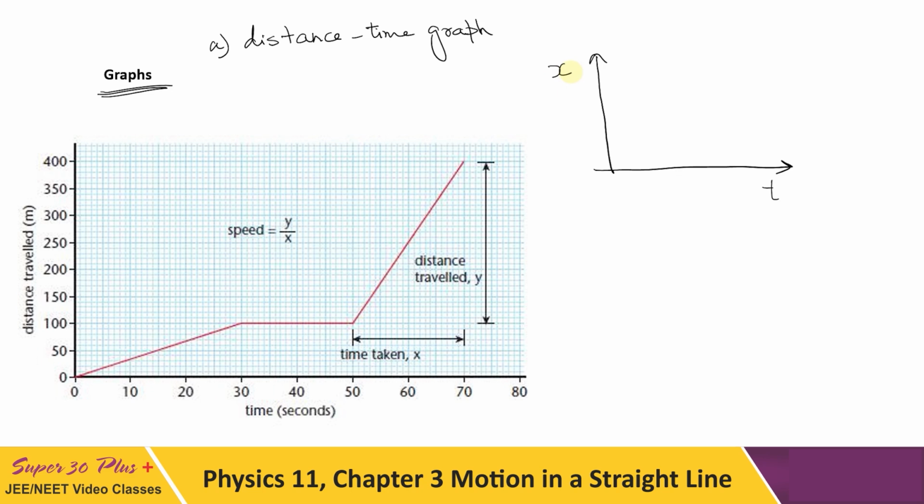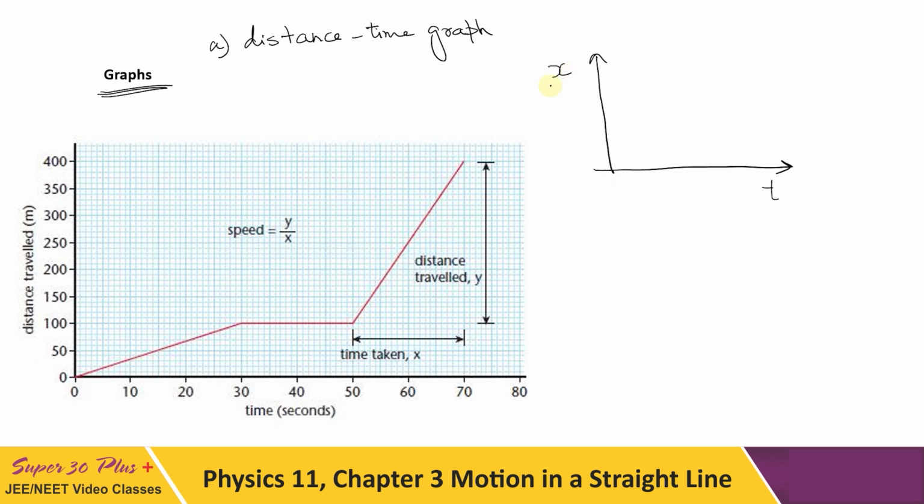That direction can be x, y, z, or any other direction. Here I am considering that motion is along the x direction, so position versus time is being drawn here.